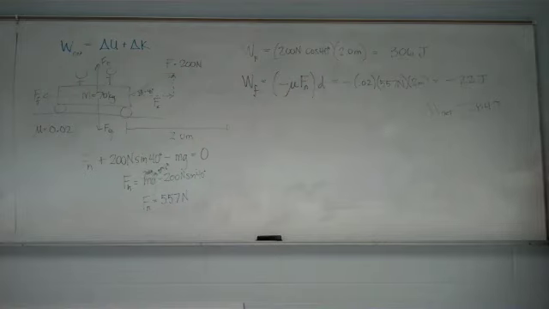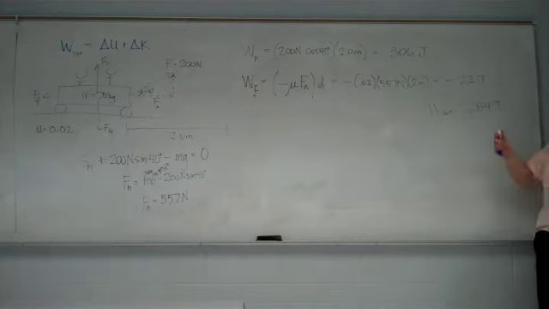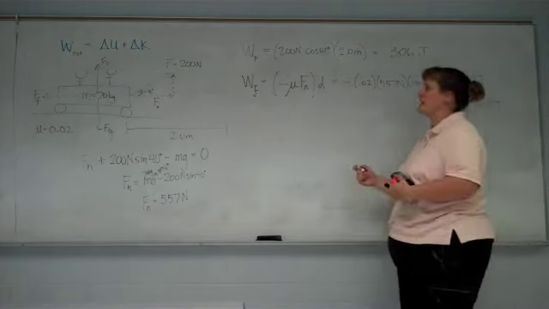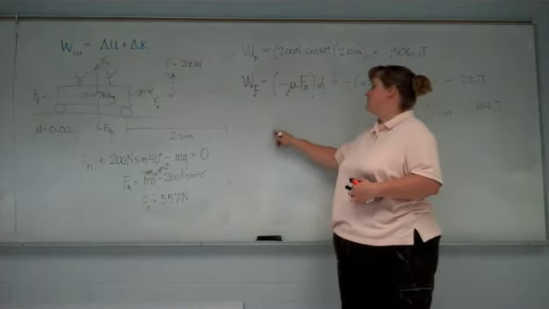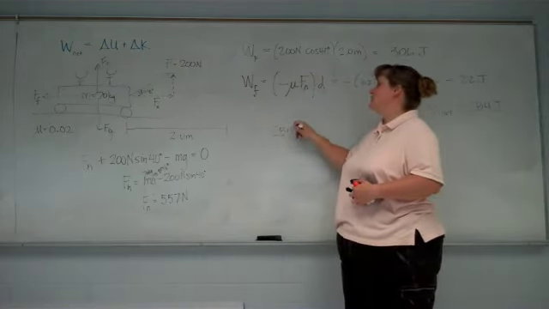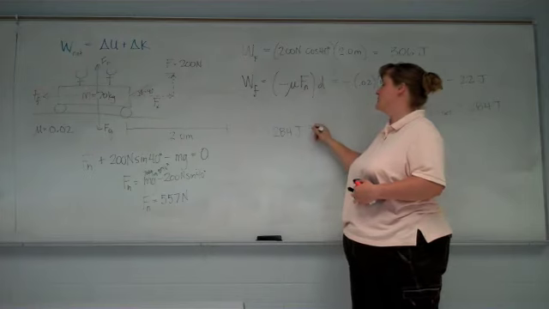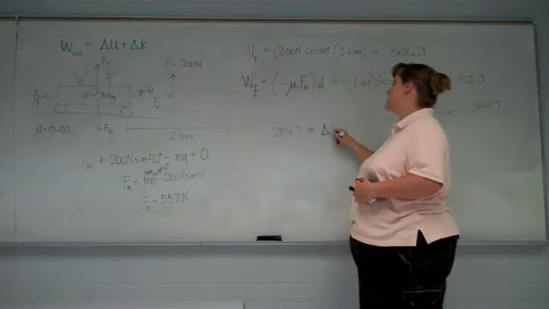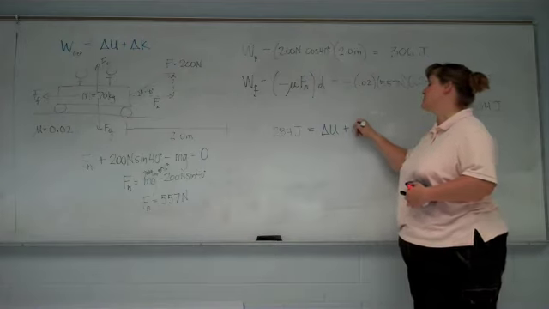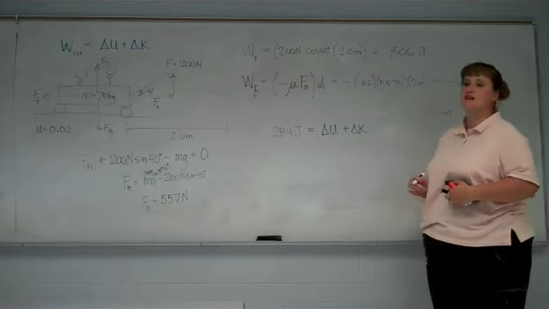So that means on the whole, we're putting energy into this system, the wagon and kids. Thus, we're either going to give it kinetic or potential energy. In this particular case, let's go ahead and put that in. 284 joules is our net work. That has to equal the change in potential energy plus the change in kinetic energy.